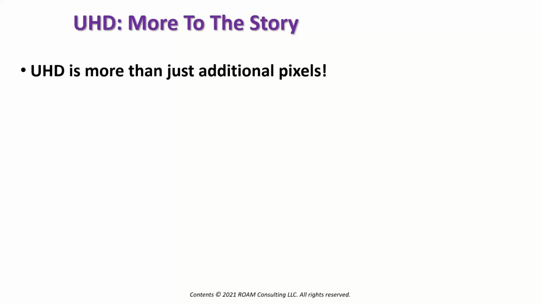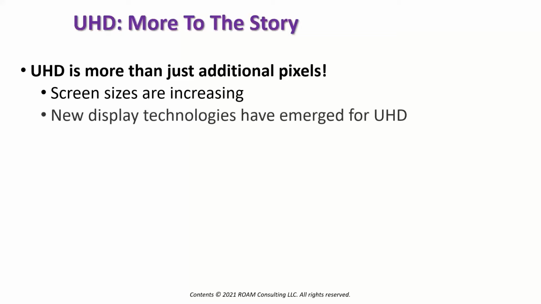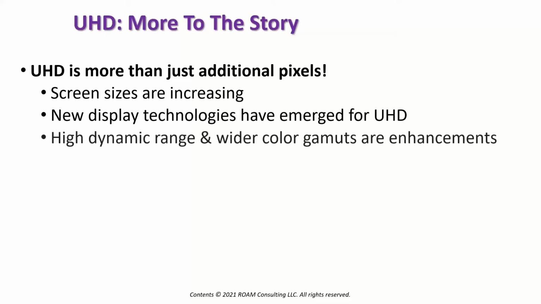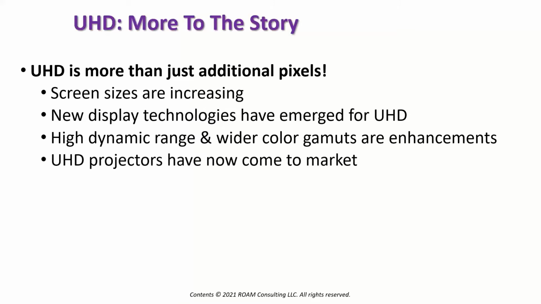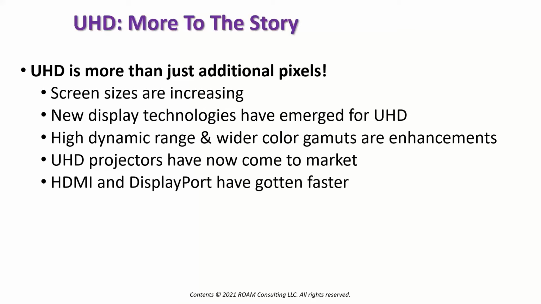Now, when most people talk about 4K Ultra HD, they're talking about more pixels on the screen, but there really is more to the story. It is more than just additional pixels. For one thing, the screen sizes are getting bigger. We have new technologies for displays that have emerged along with UHD. We have high dynamic range, wider color gamuts. UHD projectors have finally come to market.